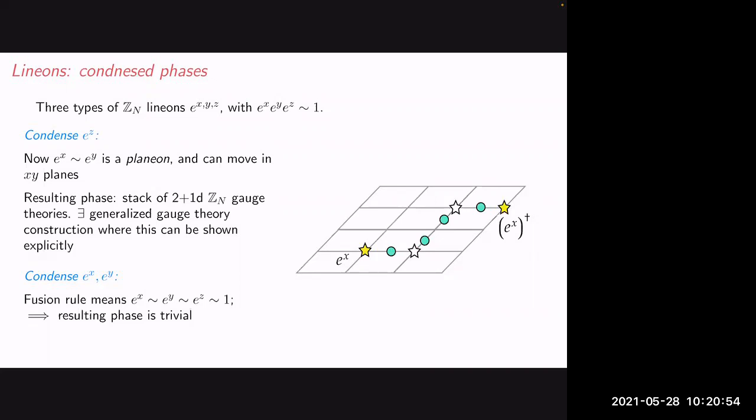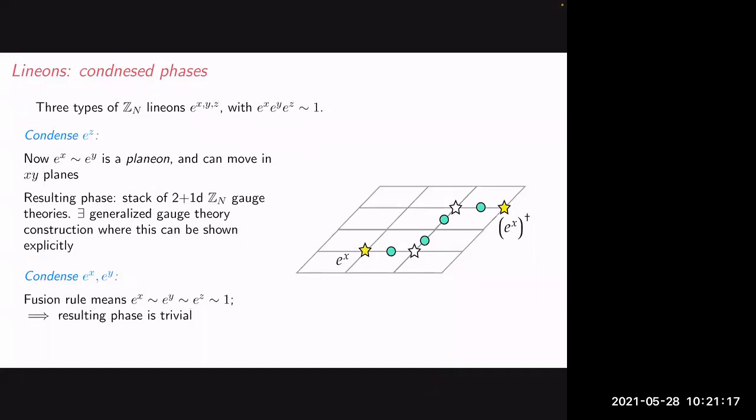The reason for this is very simple. If you recall, the reason why e^x, e^y or e^z are lineons in the Xcube model is because if I try to lay down a string operator which moves an e^x or e^y around a corner, it leaves behind an excitation at the corner point. In this picture that I've drawn, I have an e^x at, say, the yellow star.